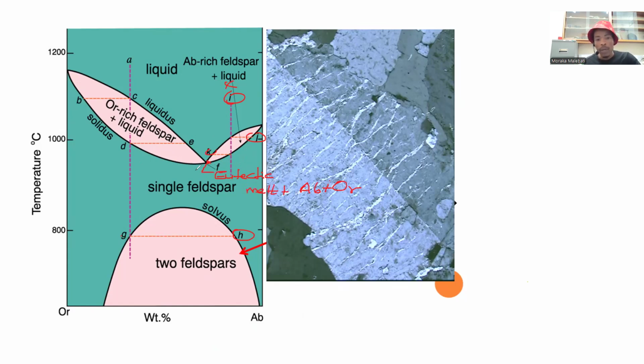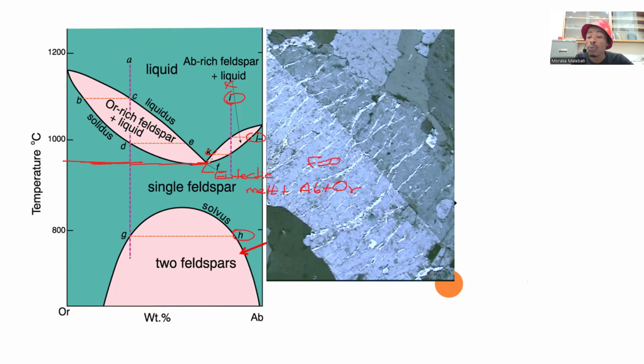Up to so far, you know that this line will be the eutectic temperature. It means that the temperature is the lowest temperature at which the liquid could ever exist. Once the system is here, it's going to stop here because the degree of freedom here will be 0.